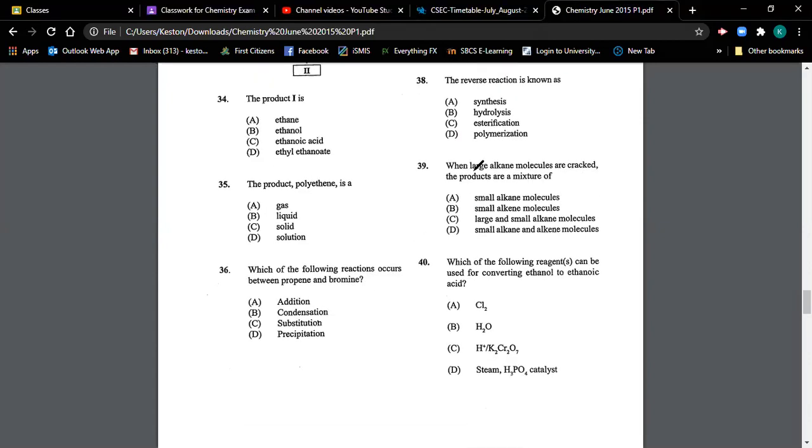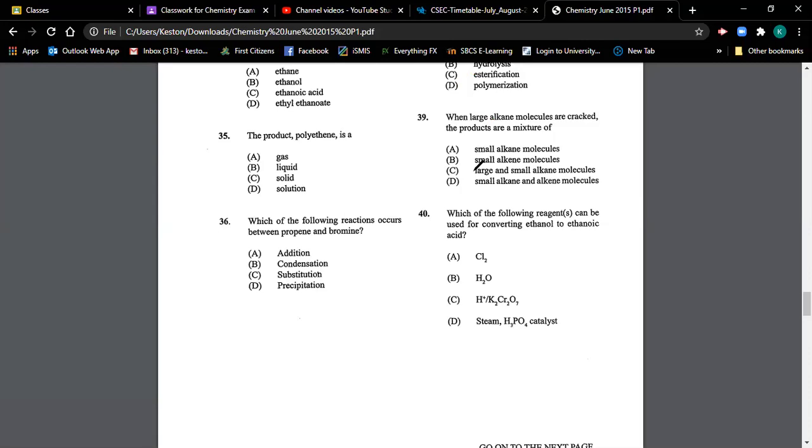Which of the following reagents can be used for converting ethanol to ethanoic acid? Acidified something. That's my hint, my clue. If something is acidified, it means that it has H plus ions. And what is that called?